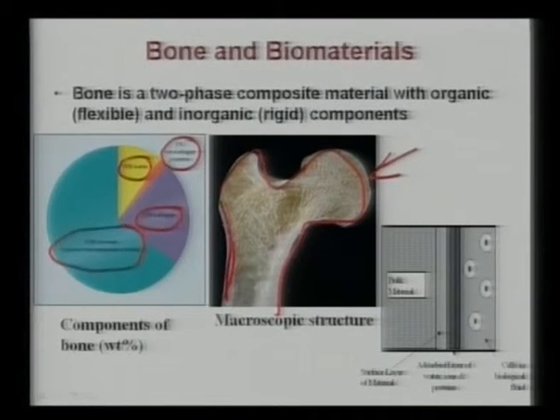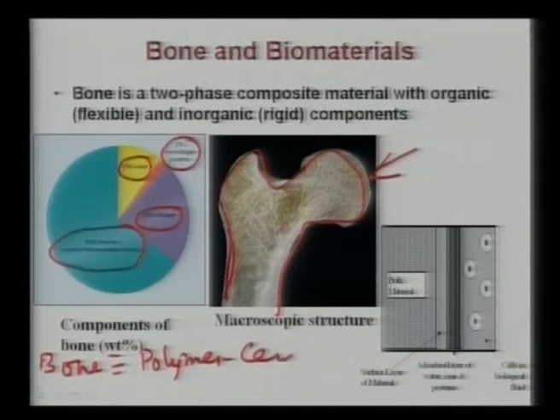So essentially, from this structural point of view, bone is equivalent to a polymer ceramic composite, which has natural hydroxyapatite, with a content of 65%, and the rest is 23% collagen.